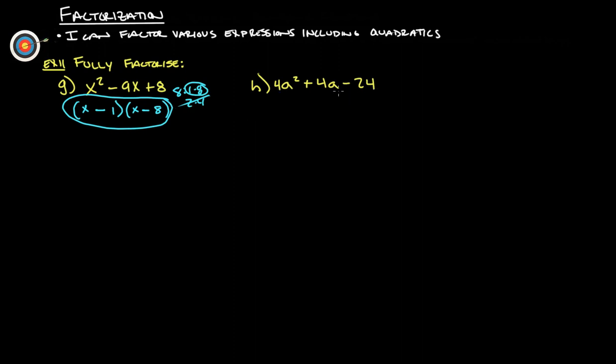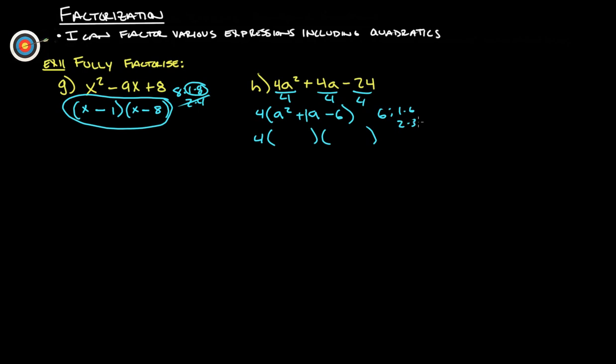Okay, this one here, can you factor anything out first? Yes, we can factor a 4 out of all of those, which will make this a lot easier to factor. 4 times, it's going to leave us with a squared plus a minus 6. Okay, and now we're going to ignore the 4 there, and just factor what we have left on the inside. So we are trying to find the factors of 6, 1 times 6 and 2 times 3, that have a difference of, that's positive 1a, right?